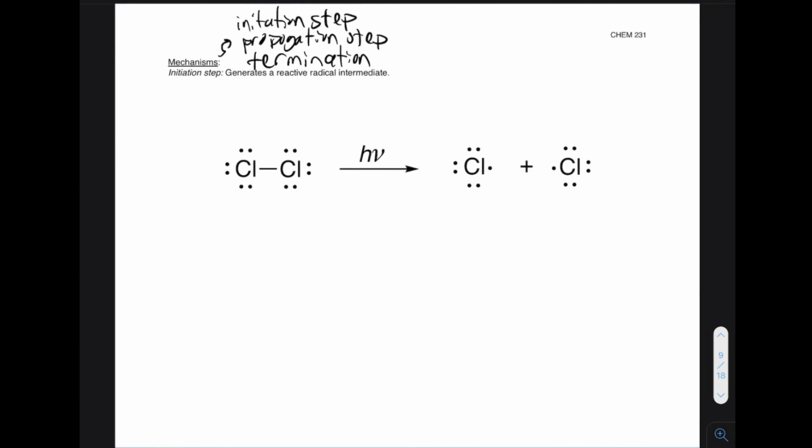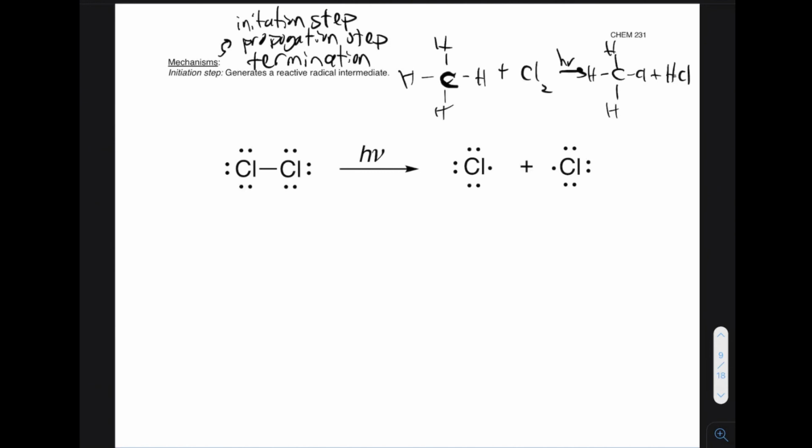Remembering that we're starting from methane and Cl2 and going to the end, right? So just so we're all on the same page here, we're looking at this reaction here. How do we get from those starting products to the end?